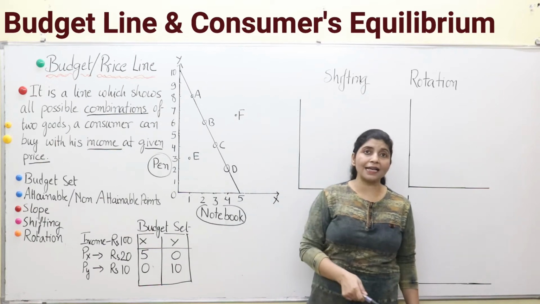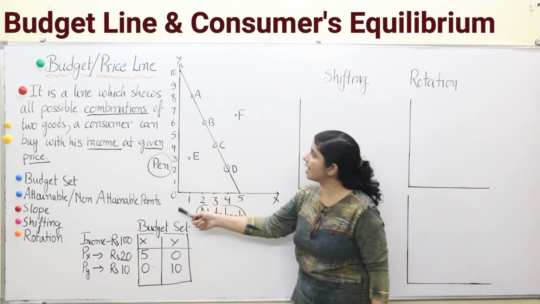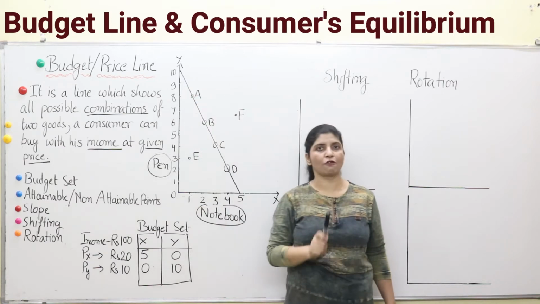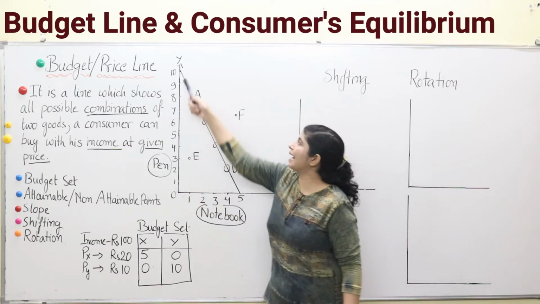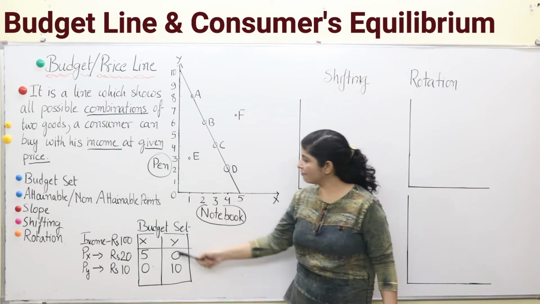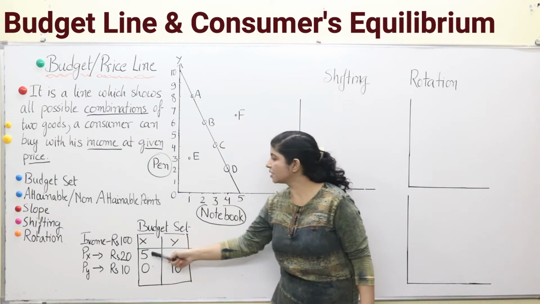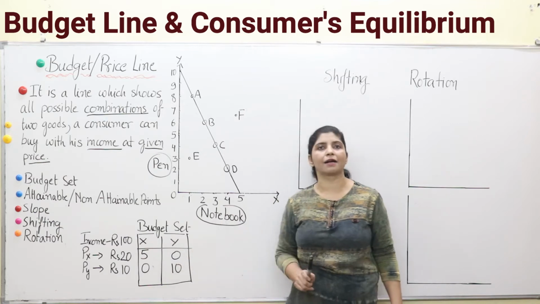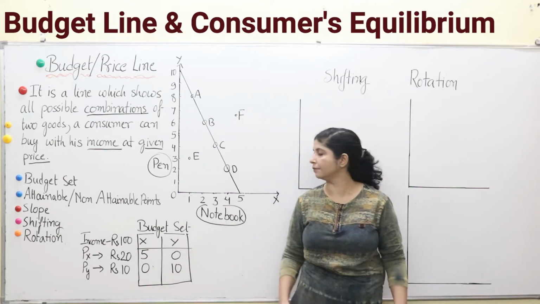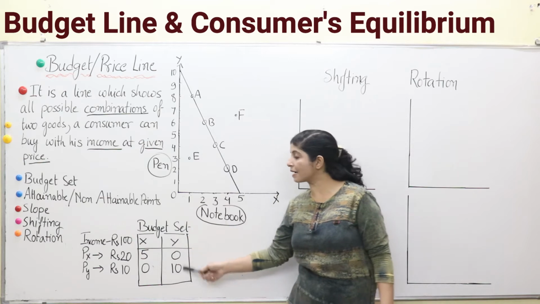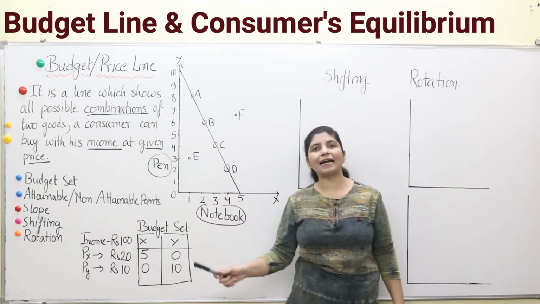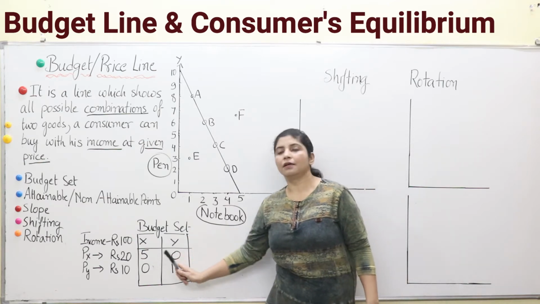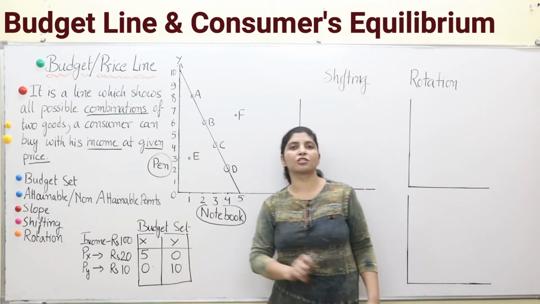In another case, if he spends the entire amount on pens, he will buy 10 units of pen. So if he buys X commodity only, he will buy 0 units of Y, that is no pen. And if he buys only Y commodity, he will buy 10 units of pen and 0 units of notebook.